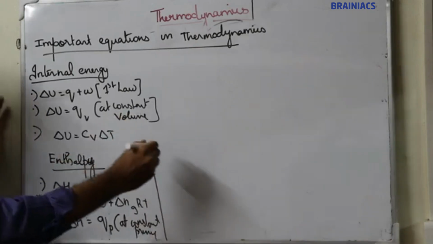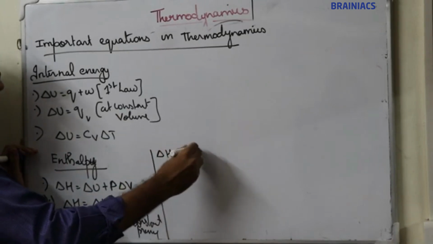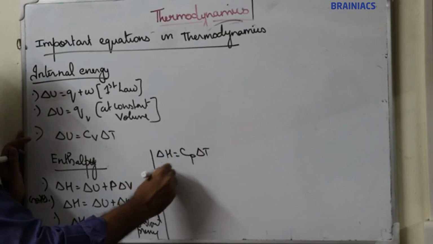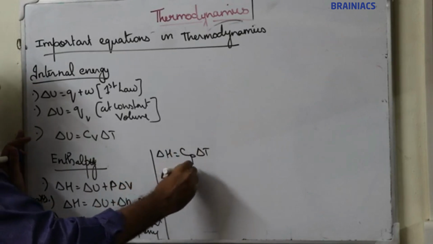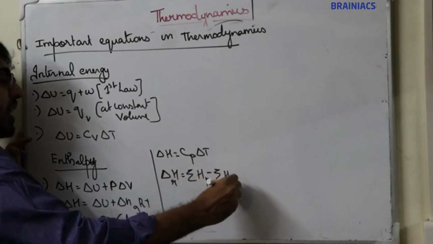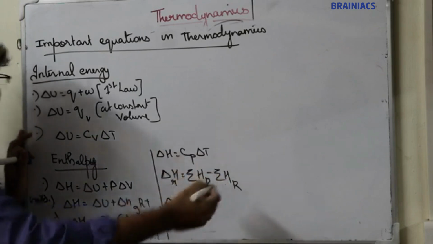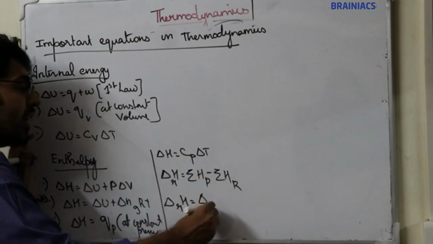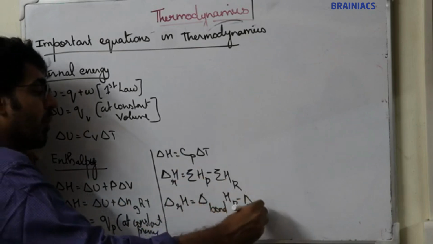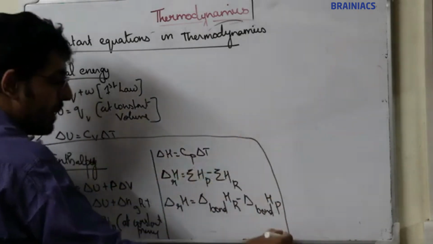Then delta H is equal to Cp delta T, heat capacity at constant pressure into delta T. Then enthalpy of reaction is calculated by summation of enthalpy of products minus summation of enthalpy of reactants. Enthalpy of reaction can also be calculated from bond enthalpies, that is bond enthalpy of reactants minus bond enthalpy of products. We have discussed this much of equations for enthalpy.